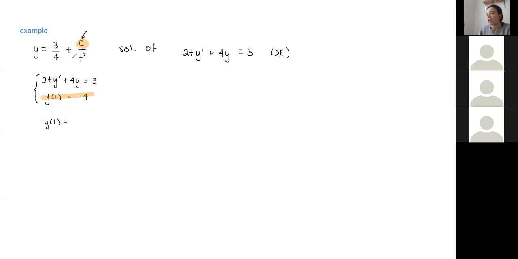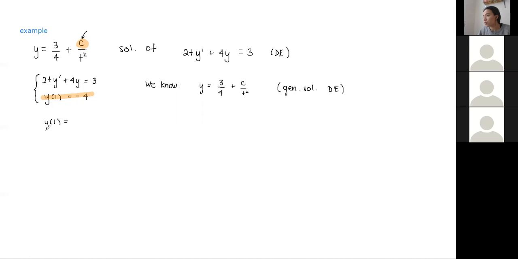So the function has to be of the form y is equal to 3/4 plus c over t squared, because this is the general solution of the differential equation.